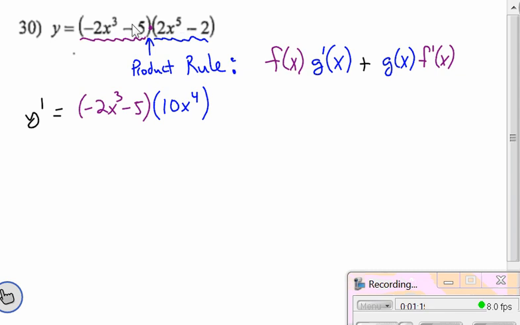Okay, plus the second function, which is 2x to the fifth minus 2, times the derivative of the first function. So the first function's derivative is, let's see, negative 6x squared. And that's it. That's what you're allowed to leave as your answer.